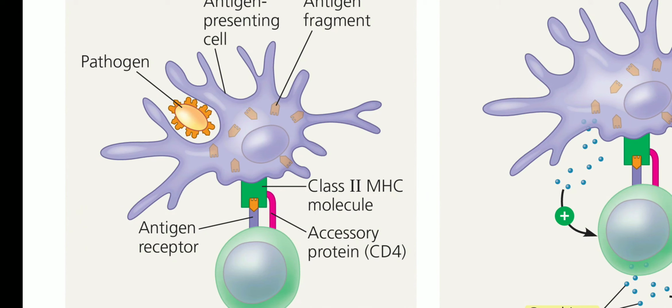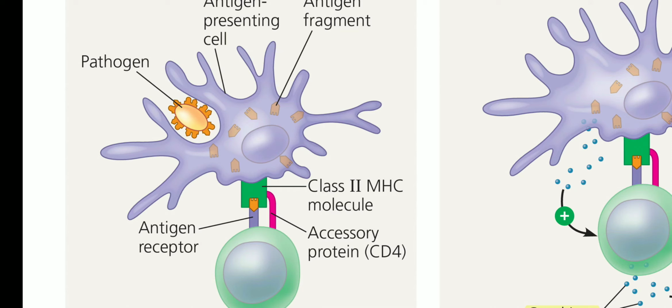The class 2 MHC molecule, the class 2 major histocompatibility complex, is shown only by your antigen presenting cells, whereas normal cells produce both class 1 and class 2 MHC molecules, but the antigen presenting cells only produce the MHC2 molecule, and that's the difference. Okay.